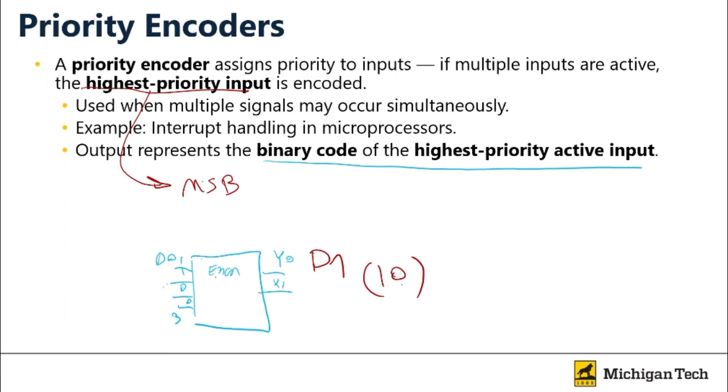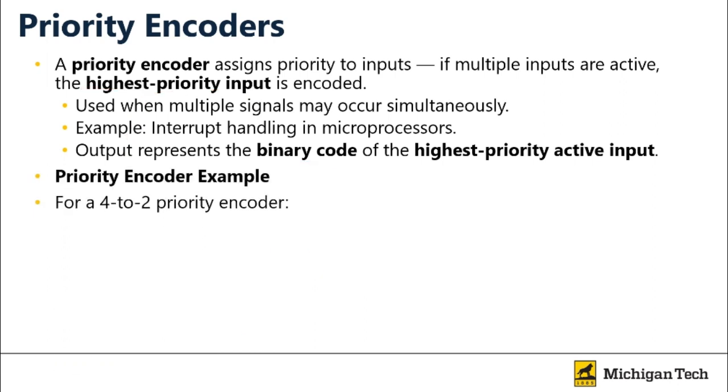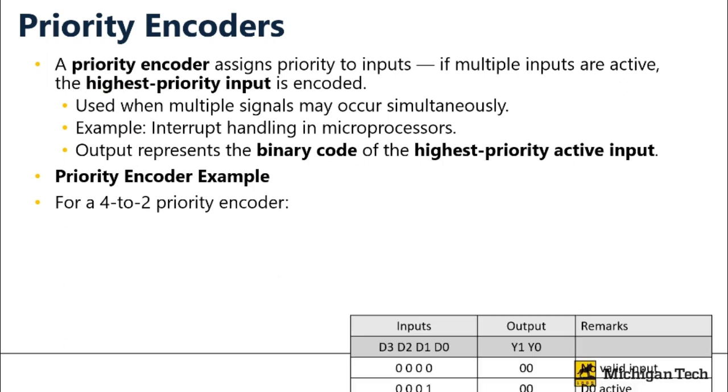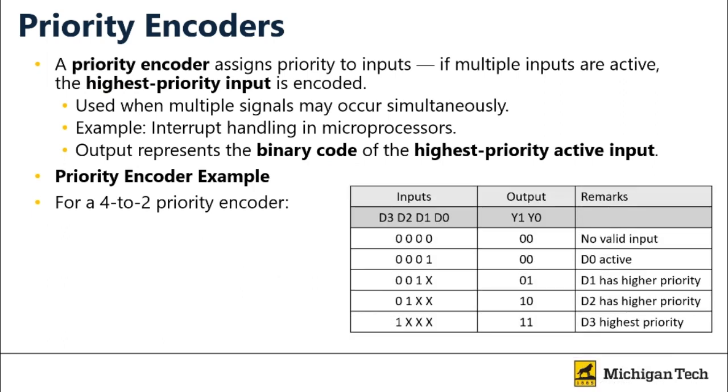Okay, so let's see how we can design this circuit. This was the example. How can we write the truth table for that? The truth table for that priority encoder is like this.